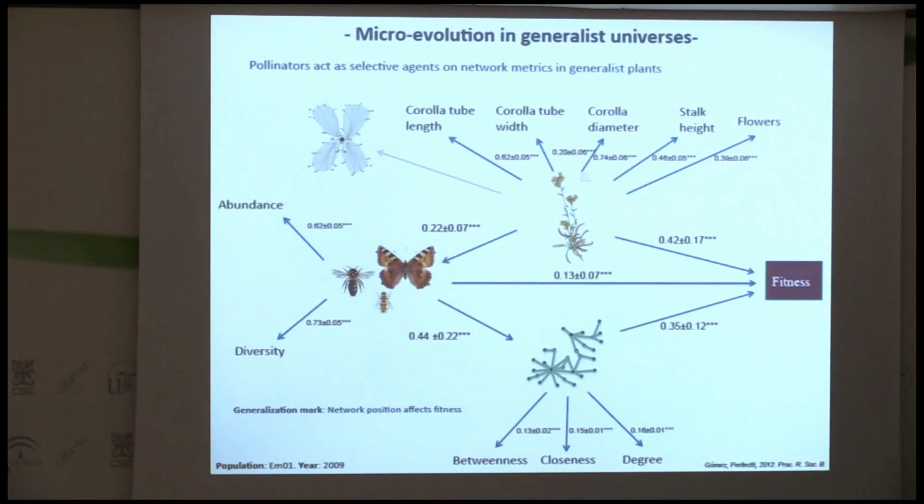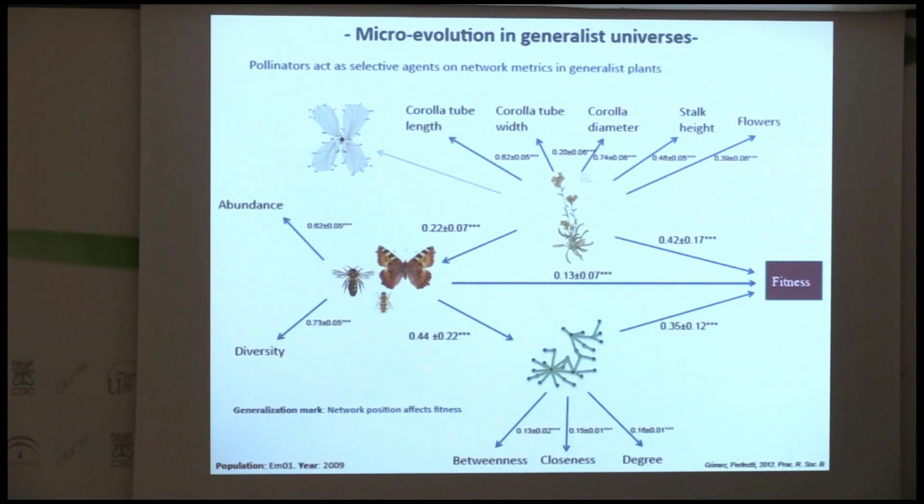We have fitness here, we have the whole phenotype here, we have the effect of the pollinator on the phenotype, and this is some metric of the plant within the individual-based plant-pollinator network. And in some cases, not only having a given phenotype, but also occupying a given position within the network is selected by natural selection.